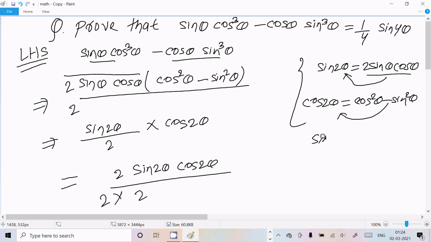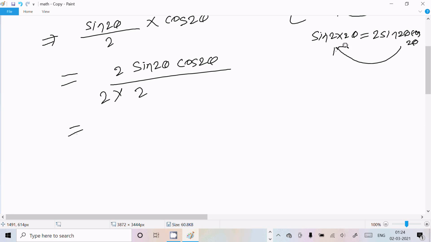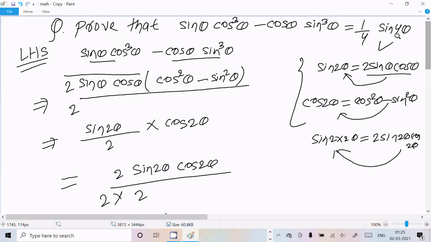If I make that 2 into 2 theta, then it becomes 2 sin 2 theta into cos 2 theta. So in place of this we can write sin 4 theta, and 2 into 2 becomes 4. So this we needed to get.